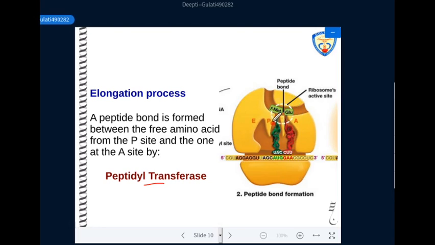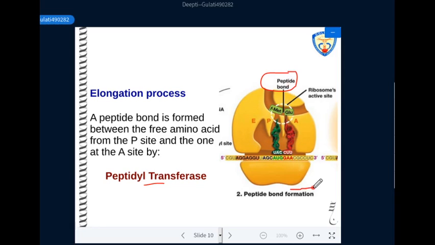P site transfer RNA has donated its amino acid. So now the P site does not have any amino acid attached. It's a deacylated transfer RNA. A site transfer RNA now has two amino acids attached to each other with the help of a peptide bond.